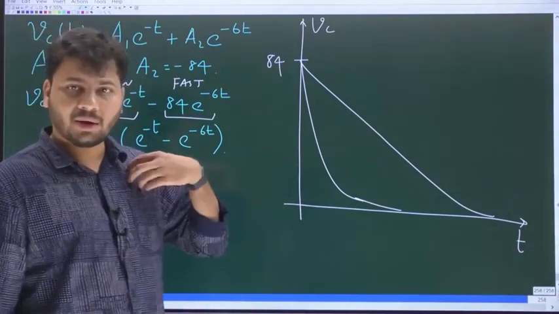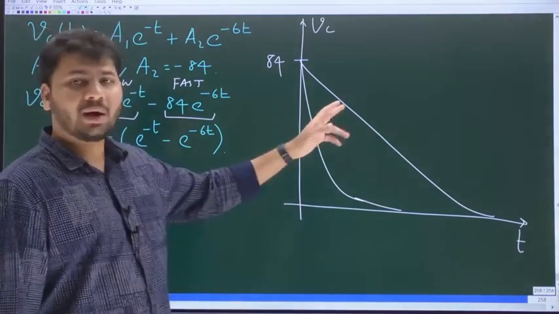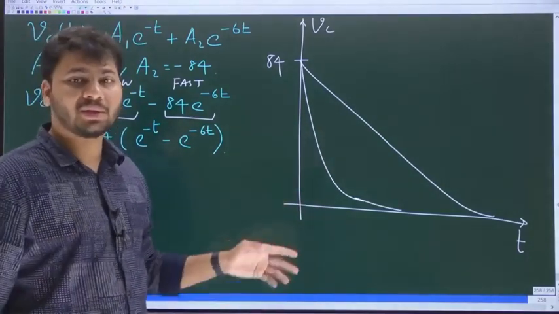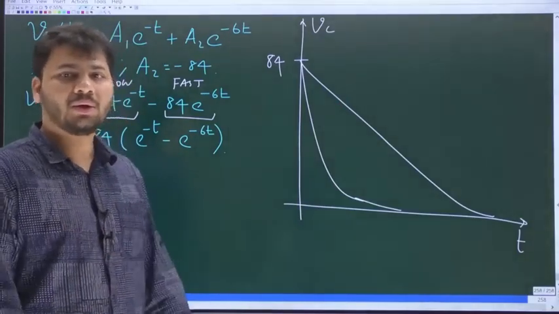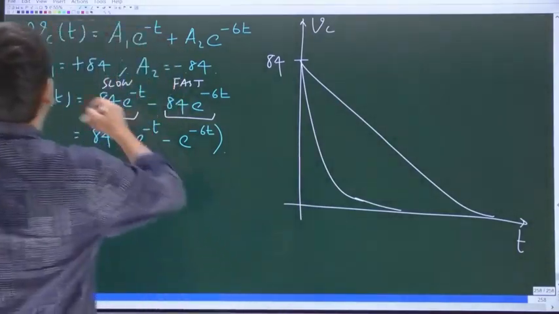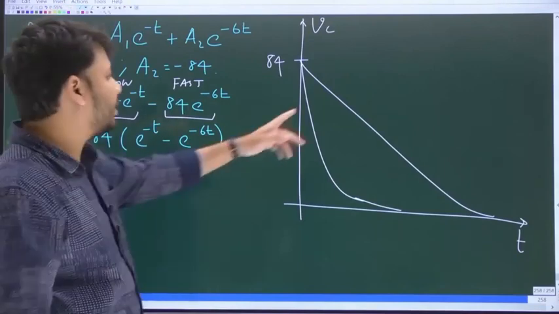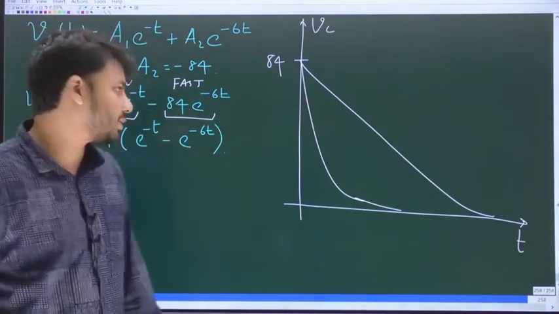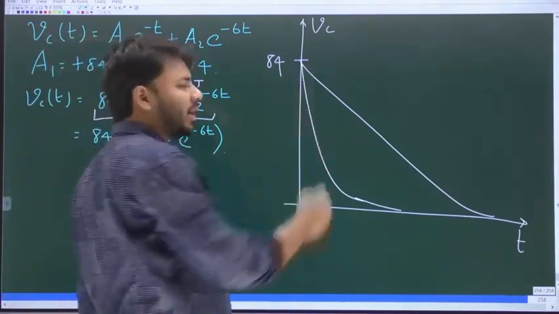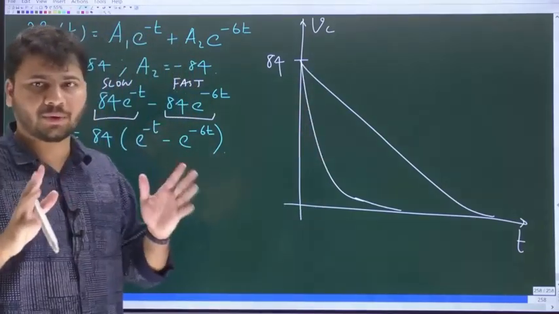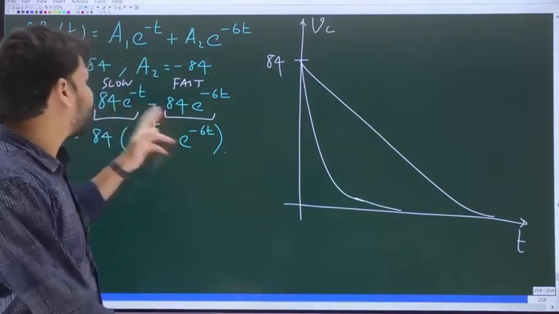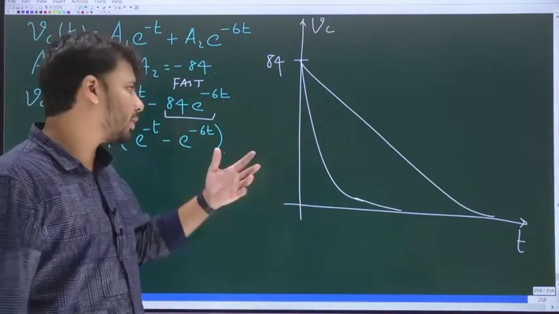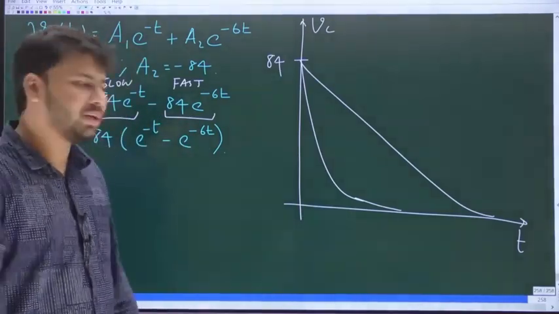Now here our Vc is not any of the two exponentials. It is the difference between the two exponentials, the difference between slow and fast. At t equal to 0, both exponentials are equal to 84, so the difference will be 0.